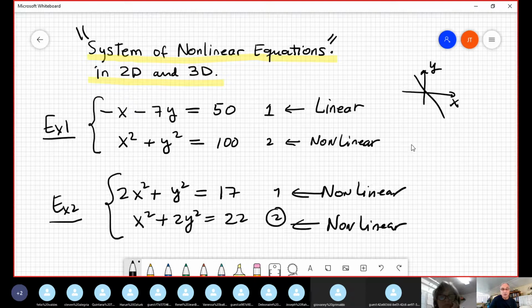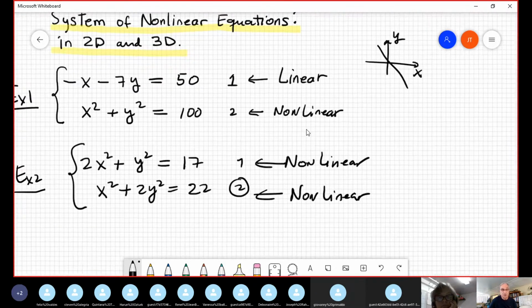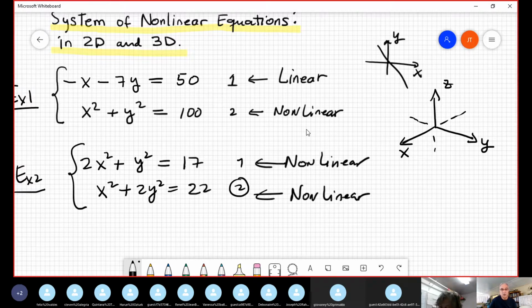Well, in this case, it's 2D, 2 dimensions, because we have only two variables, x and y. Now if we have 3 dimensions, it's more complicated. We have the famous 3-dimensional space. You are now a little bit familiar, but in Calculus 3 the student needs to take it.